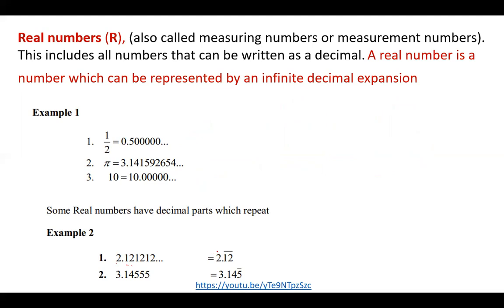You can represent this by writing 2.12 with a bar on top, which shows that 1 and 2 are repeating. It also applies where one number repeats, like 5 in this case. You just put a bar on top of 5, and that shows that 5 is repeating.